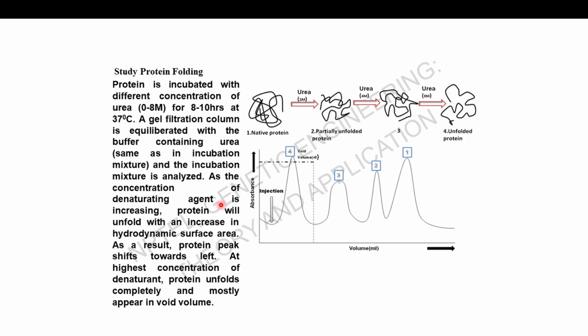As a result, the protein peak keeps on shifting towards the left. At the highest concentration of urea, the protein will show maximum unfolding or be completely unfolded, and hence most of it will elute out in the void volume. It won't be able to enter the pores at all.